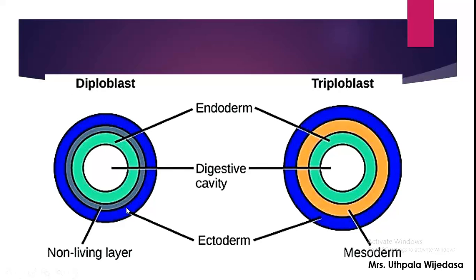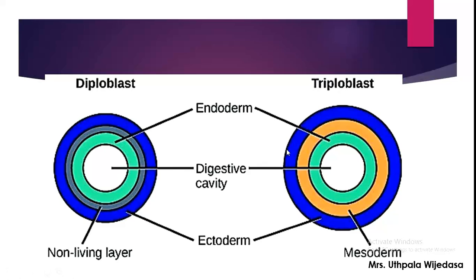The outermost layer is known as the ectoderm and the innermost layer is known as the endoderm. As the cnidarians have only two germinal layers, we call them diploblastic animals.